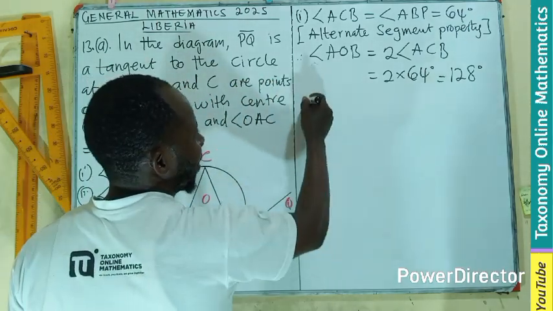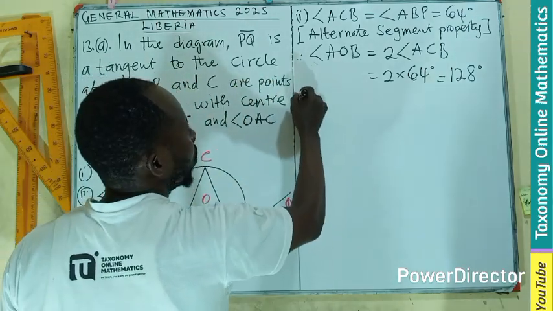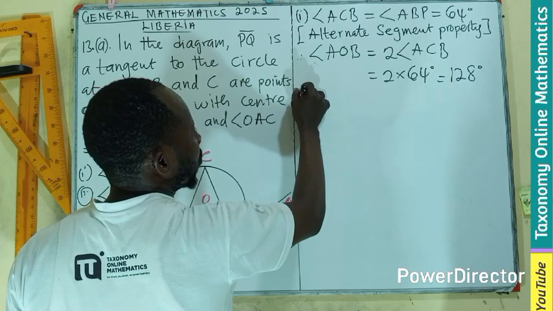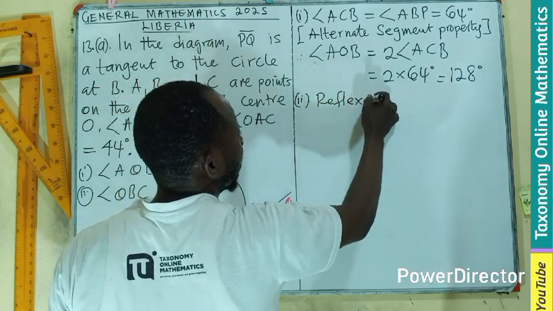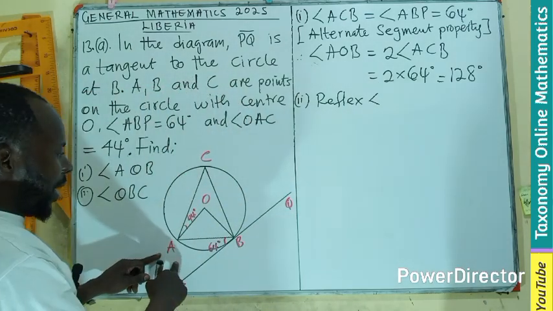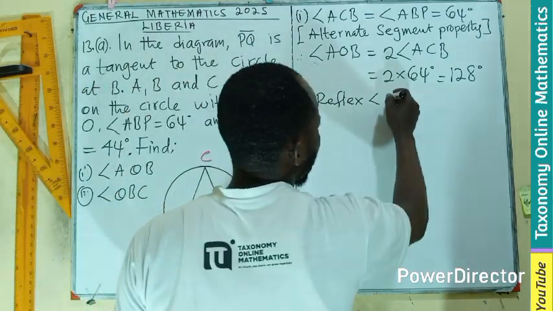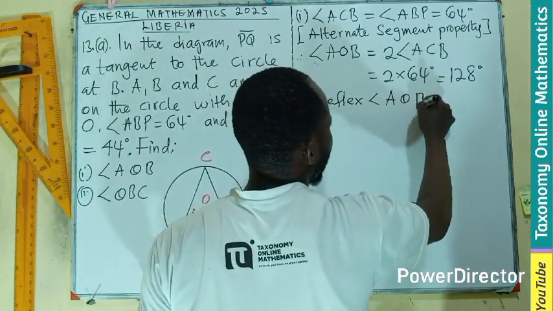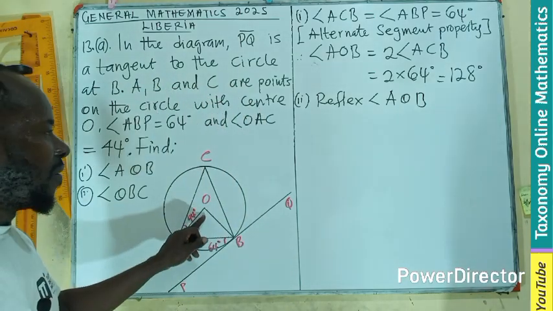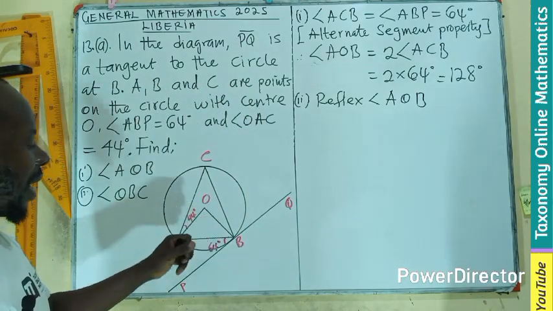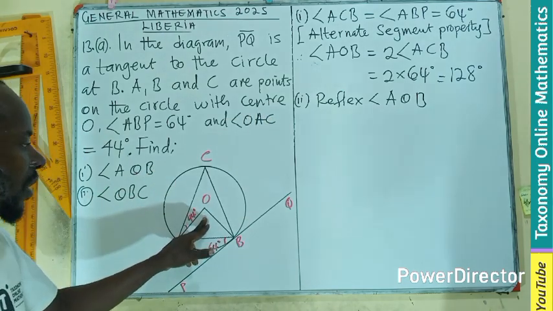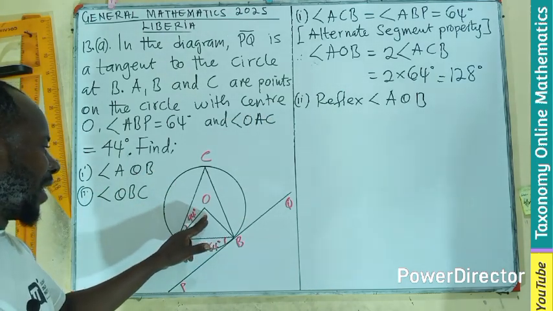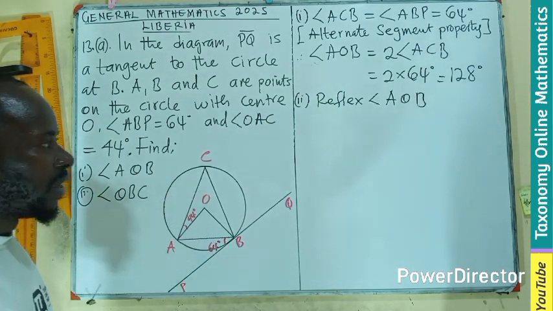Coming to Roman number 2, the reflex angle AOB: AOB is obtuse because it is 128, and the obtuse angle plus the reflex gives 360.